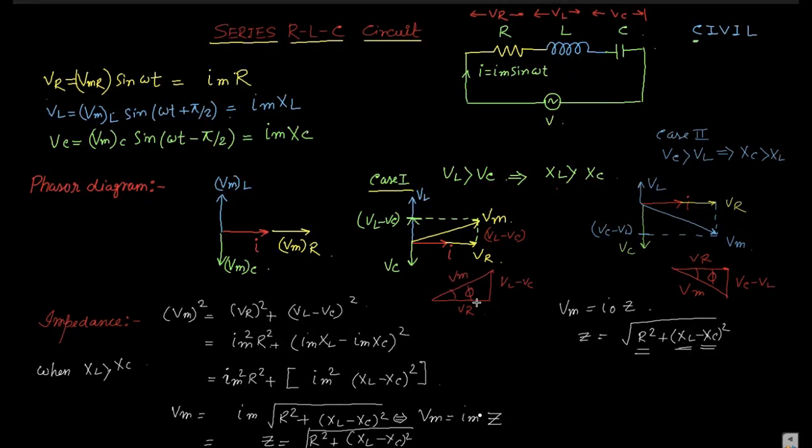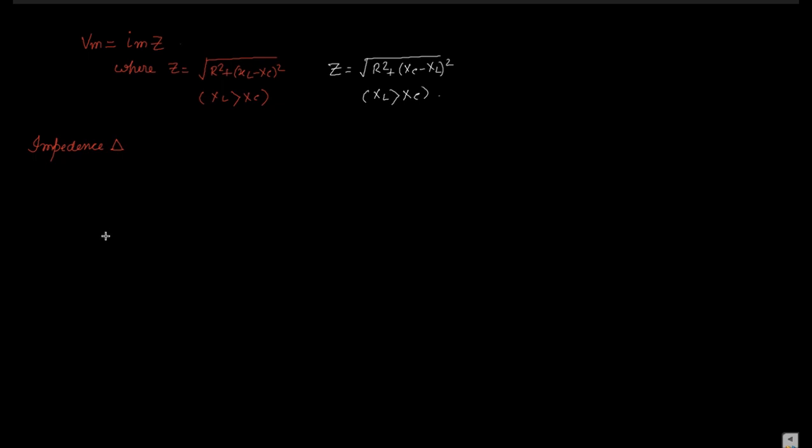Now related to these two phasors, we can draw the impedance triangle. When XL is greater than XC, that is R and that is XL minus XC, and the resultant of them becomes Z, the total impedance in the circuit.